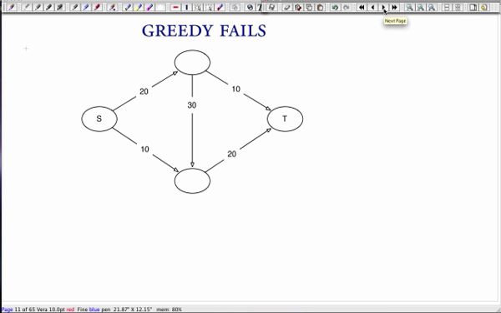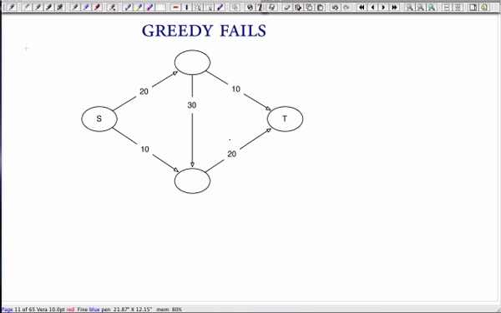If we are to solve this MaxFlow problem by finding the path that has the most flow that we can push and pushing that flow through the network, that's the greedy algorithm we might consider: find the biggest flow, push, and continue until you can no longer push. And this example right here should illustrate why that approach doesn't exactly work.